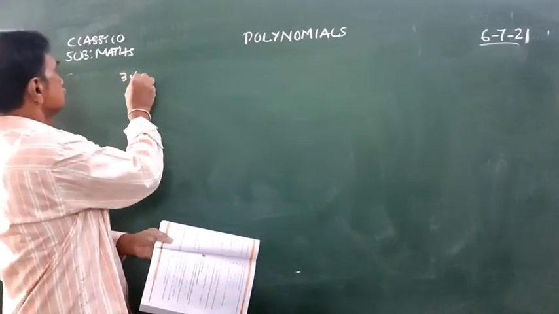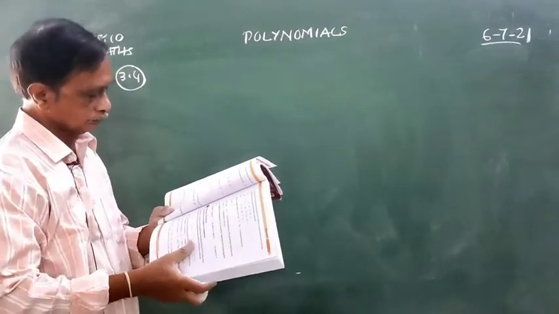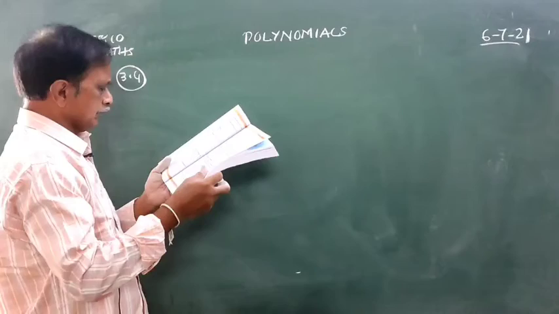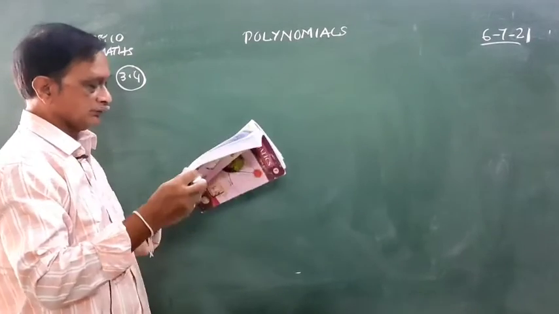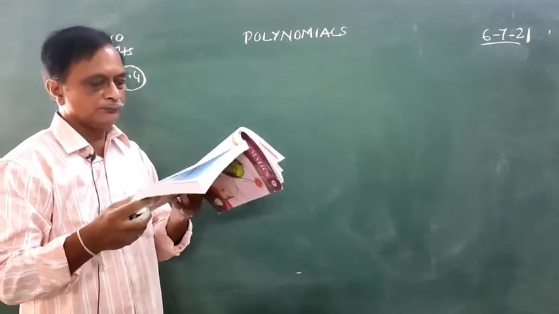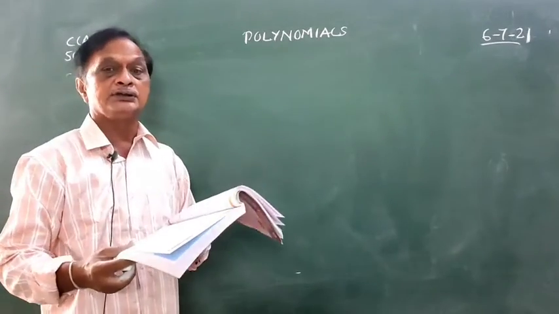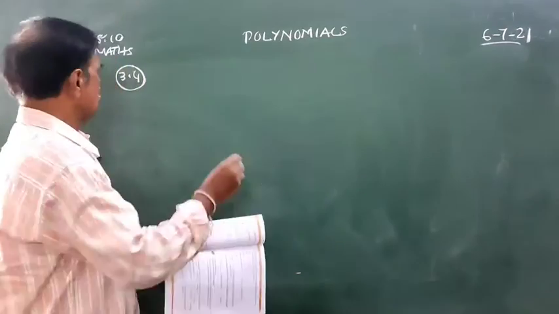Exercise 3.4. Divide the polynomial p of x by the polynomial g of x and find the quotient and remainder in each of the following.